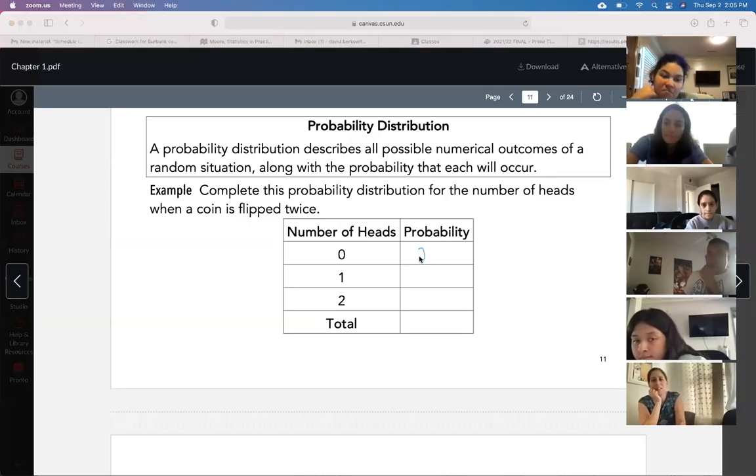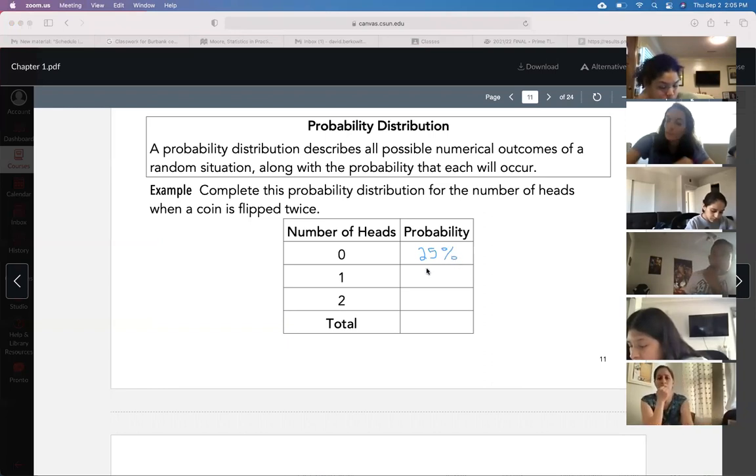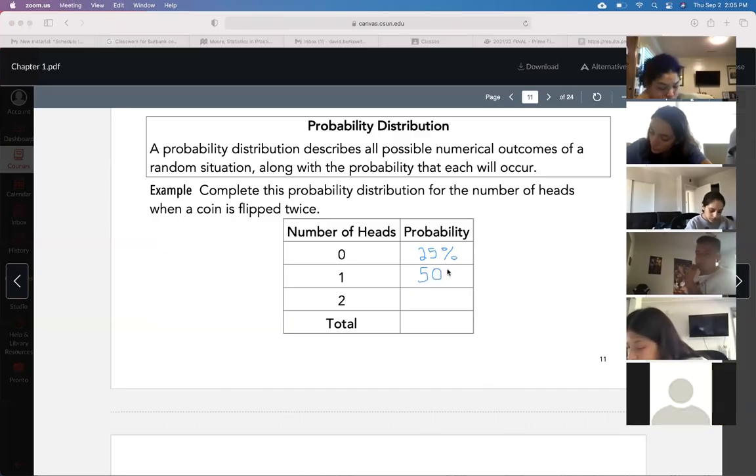So 0 heads is 25% because it's 1 in 4. For 1 head, there's actually 2 ways of getting it, so it's 50%, 2 out of 4. And 2 heads, there's only 1 way of getting that, so 1 out of 4.